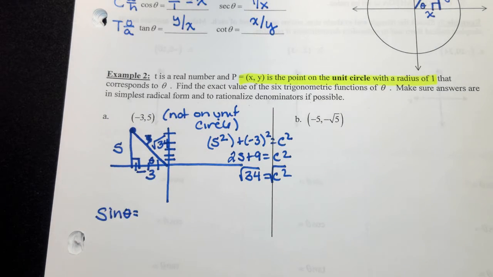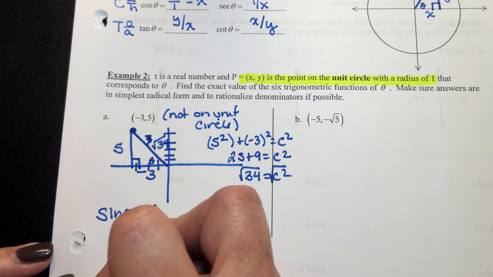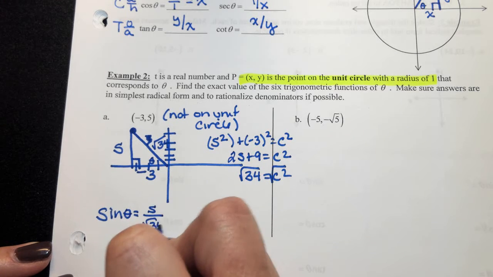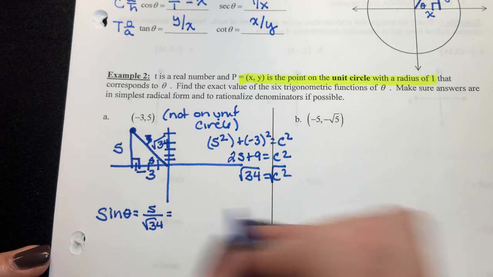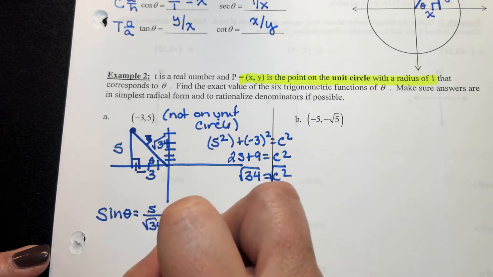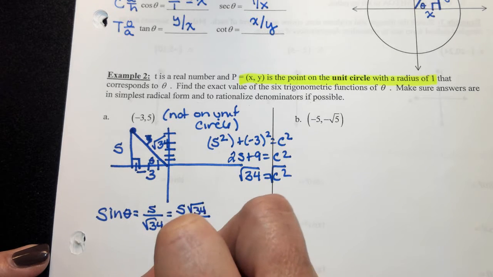So now remember, sine is the opposite over hypotenuse. So what's the opposite side from this angle that's formed between the radius and the x-axis? The opposite side is 5. The hypotenuse is square root 34. Right, so you have to rationalize that denominator. So what's that going to be rationalized? 5 times the square root of 34 over 34.